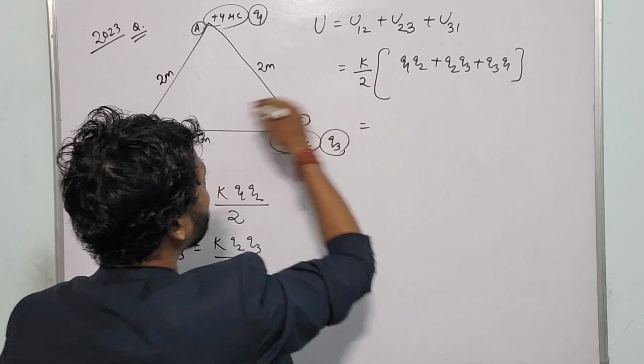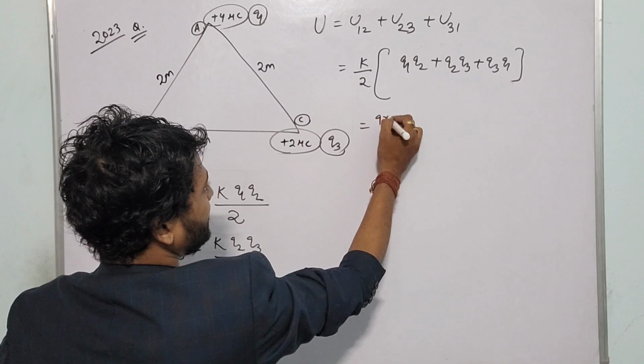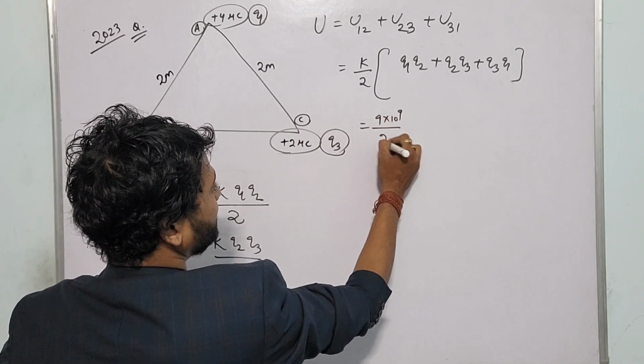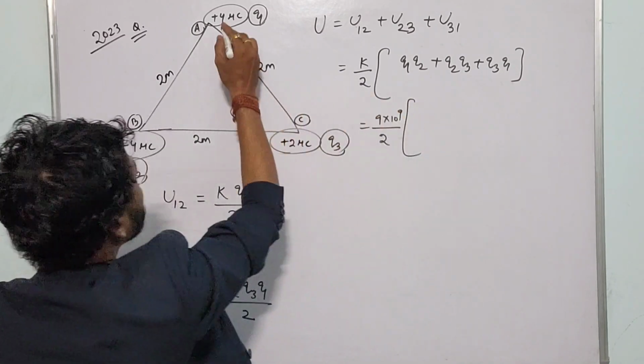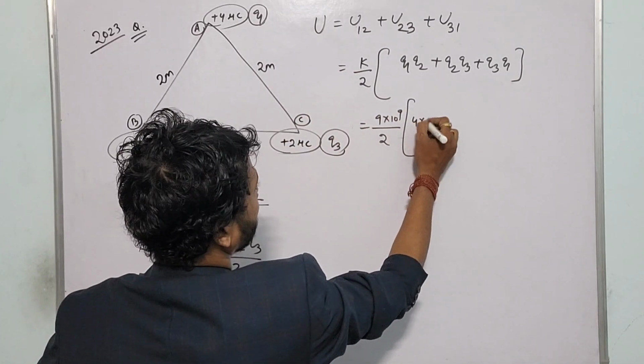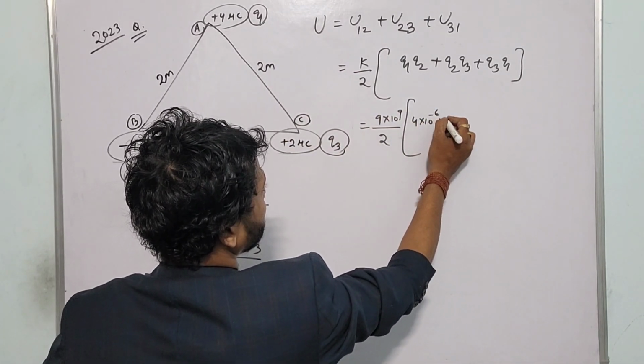Then we can put that value. So K is 9 into 10 to the power 9 by 2. Q1 कितना है, 4 into 10 to the power minus 6.